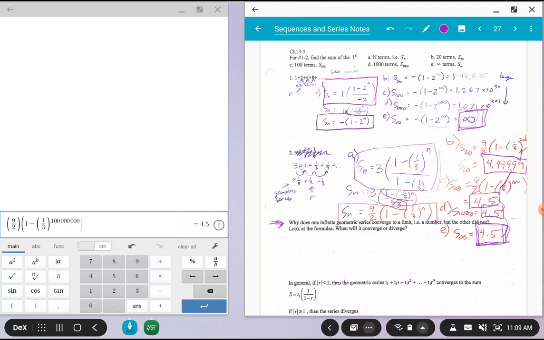But if you look at those formulas, hopefully what you're seeing here is that the one big difference among them is that one had a ratio of multiplying by 2, whereas the other had a ratio of multiplying by 1/3. Okay, so tying in what we did last week, if you remember the worksheet that we were practicing, you had a lot of examples where you saw that the common ratio affected what happened to the number.